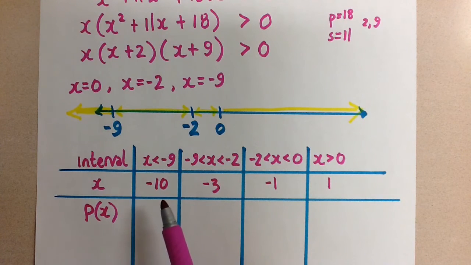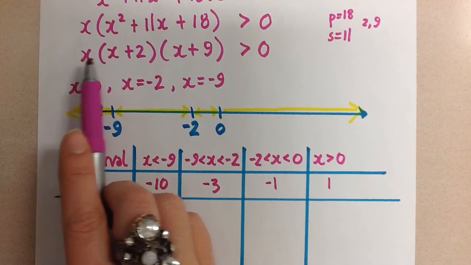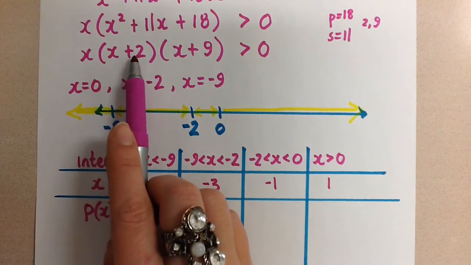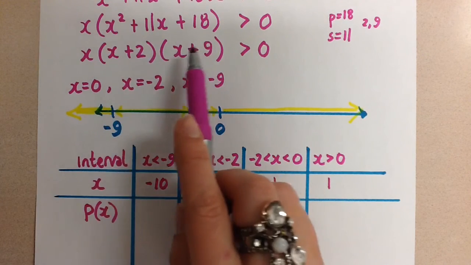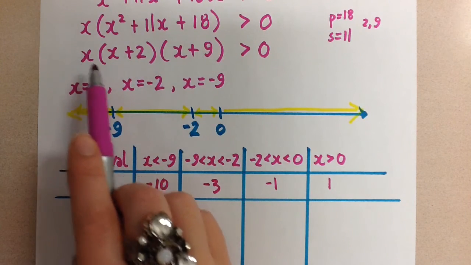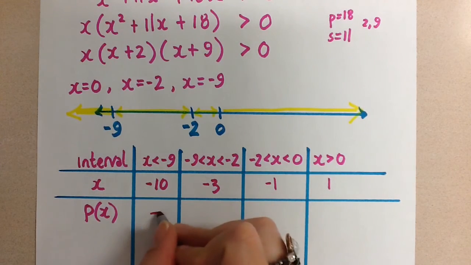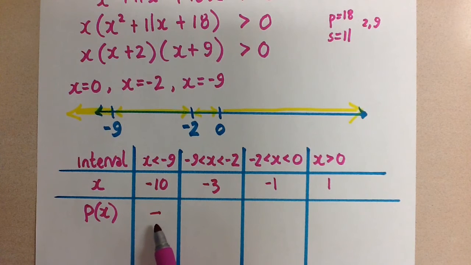So we don't actually have to do the full calculation. We just have to worry about positives and negatives. So when I plug in -10 here, the x will be -10. And then -10 plus 2 is going to give me another negative number. And then -10 plus 9 will give me another negative number. So we will have a negative times a negative times a negative, which produces a negative result. And that's all we're really interested in for our interval chart.